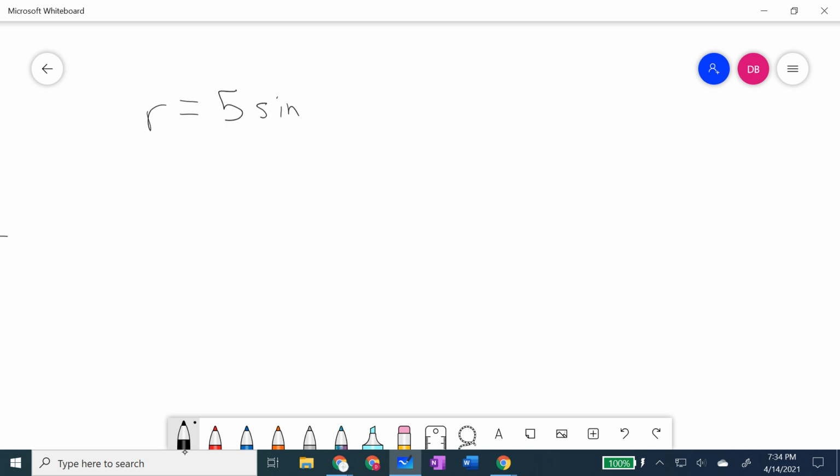So I'm going to take a look at, let's have fun and make it 5 theta. And I'm actually going to change this to just some number.